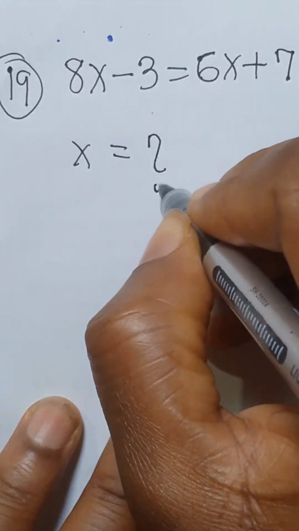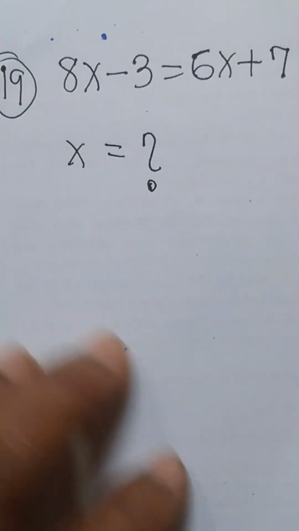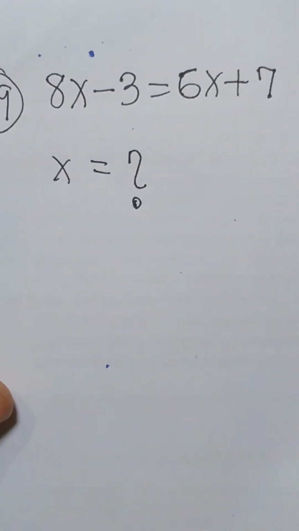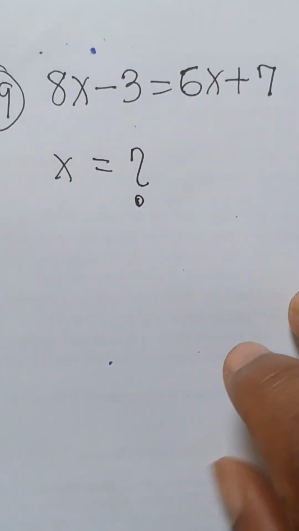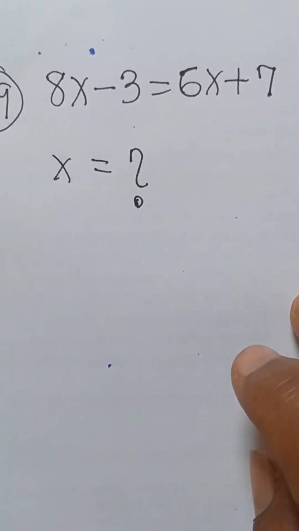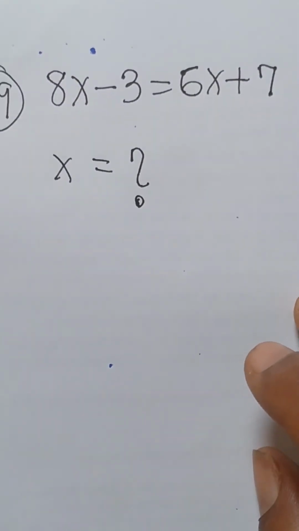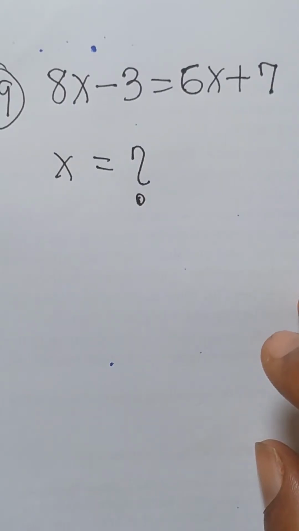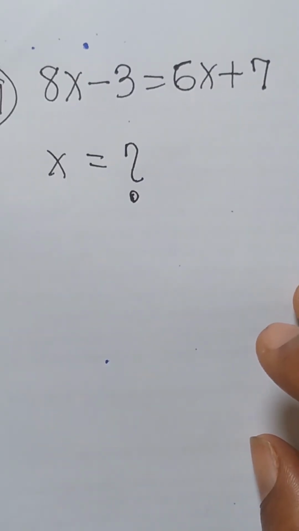You're given 8x minus 3 equal to 6x plus 7, and you're asked to find x. So solve this. Let's see your answer. Please, this is second to the last. After this, you answer the last question and we are good.